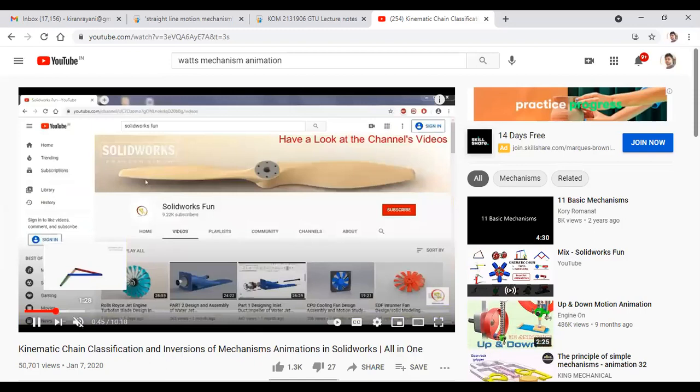The Roberts mechanism can be seen in the picture, and this Roberts mechanism also has a 4-bar chain mechanism. So it is also a 4-bar chain in which its mean position has the form of a trapezium. So it is in the basic shape of a trapezium.